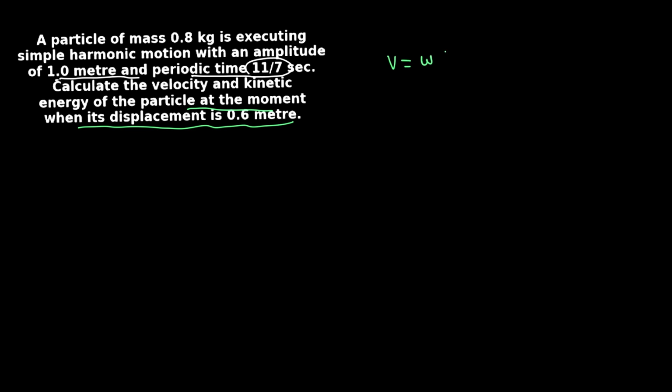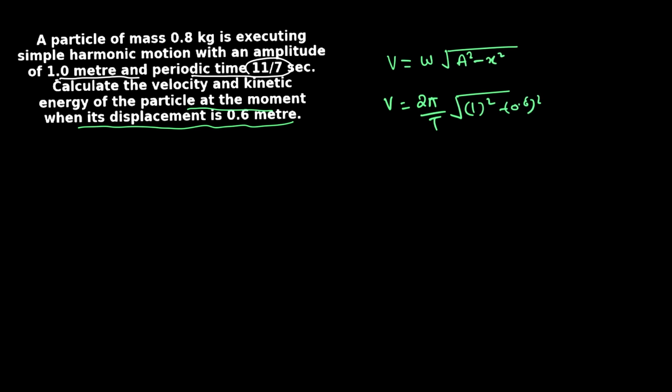Velocity is equal to omega under root a square minus x square. So v is equal to 2 pi by T under root a square minus x square, where the value of a is 1 square and the x value is given, that is 0.6 square.